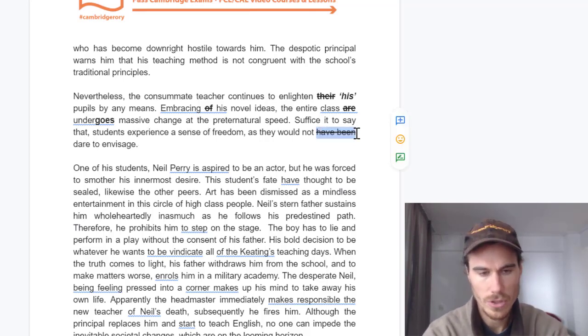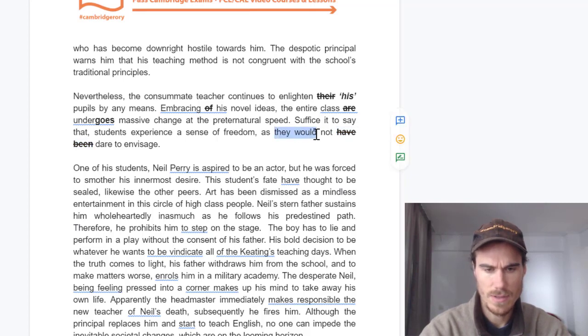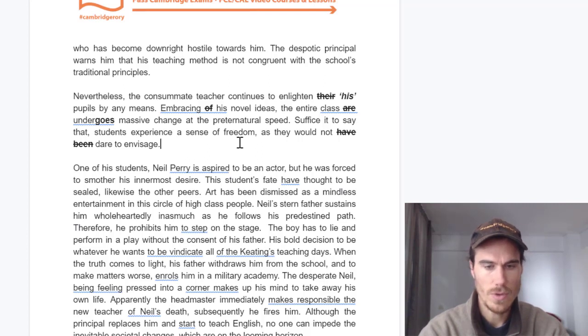Okay, you could say as they would not have dared to envisage, but it's not passive. So it's the same with this thing above, are undergone, and here you're using what seems like a passive tense, but we don't need to use passive tense. It's just active. They do something or they don't do something. Here, as they would not dare to envisage. Or if you wanted to say in the past until now, you could say as they would not have dared to envisage.